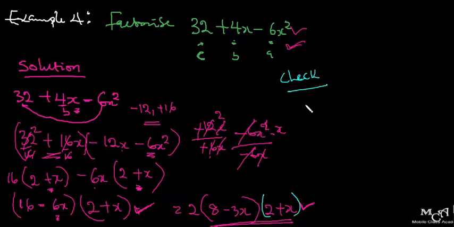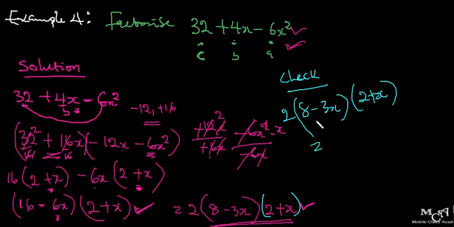So let's check. We have 8 minus 3x in brackets, 2 outside, and 2 plus x. Let's expand this first. 8 times 2, that's 16, right? 8 times x, that's plus 8x, right? Minus 3x times 2 is going to give me minus 6x. Minus 3x times x is going to give me minus 3x squared.